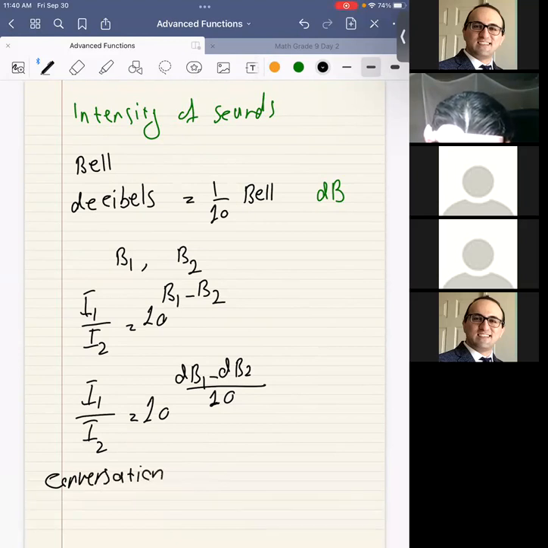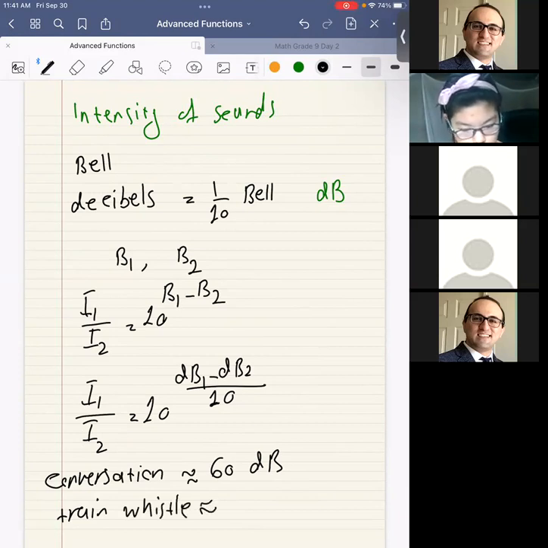So the loudness of a conversation is about 60 decibels. And for a train whistle, it is about 100 decibels. So how much more intense is the train whistle than the sound of a conversation?